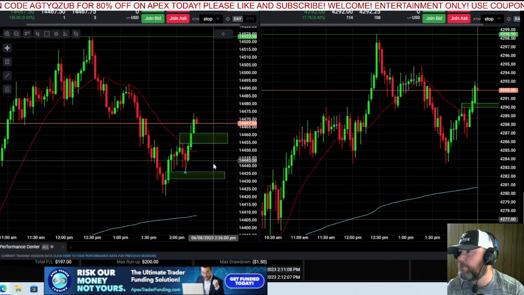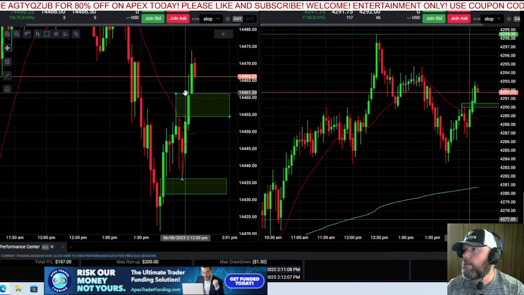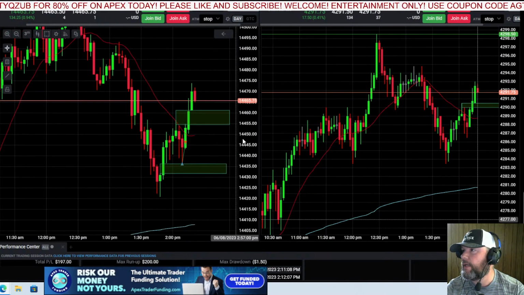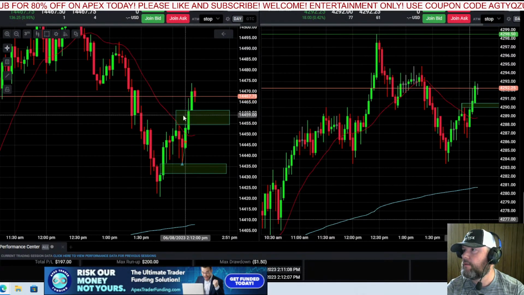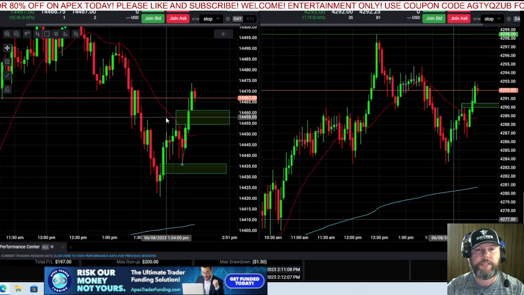I probably should just put my order on there, but we do have a liquidity void right there at the opening of that gap as well. Price is going to want to repaint that, so you could potentially get a little bit better of an entry if it trades into the gap.